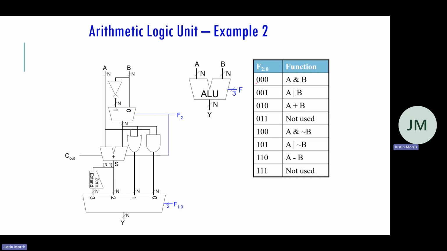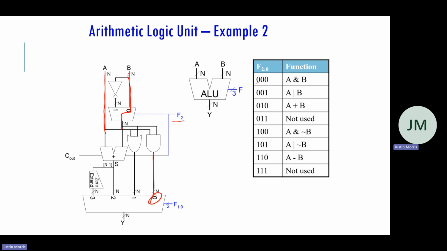So with function at 0, we are not inverting B, because that's what F2 is. And then we have 0, 0. So we're taking this output, which is indeed the AND.